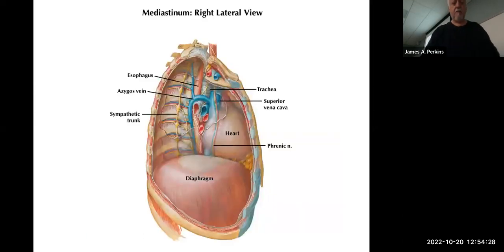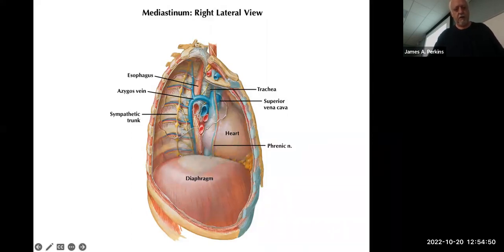And you can see that if you look at an image like this. Here we're looking into the thoracic cavity from the right-hand side. And we've got the diaphragm down here at the bottom of the thorax. We've got the heart and some of the great vessels. You can see a little bit of the esophagus right here and a little bit of the trachea.